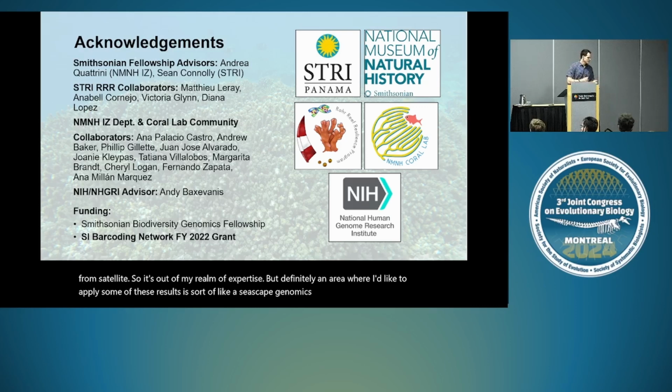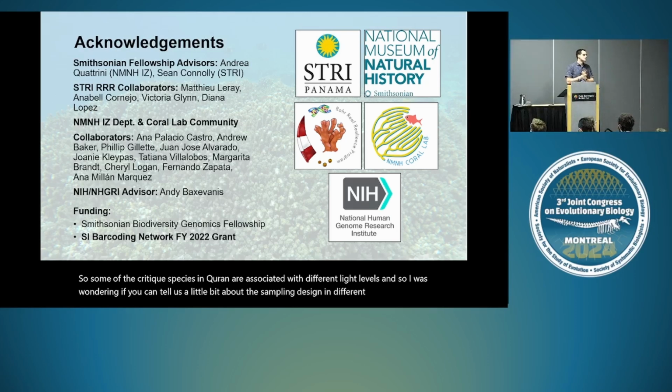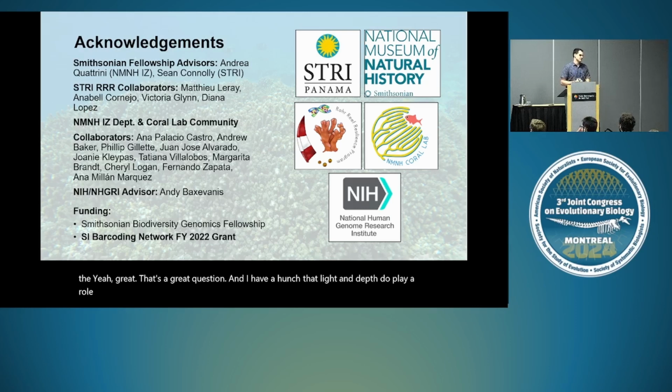Yes. So some of the cryptic species in corals are associated with different light levels, and so I was wondering if you can tell us a little bit about the sampling design in different areas. Yeah, that's a great question, and I have a hunch that light and depth do play a role in some of these.